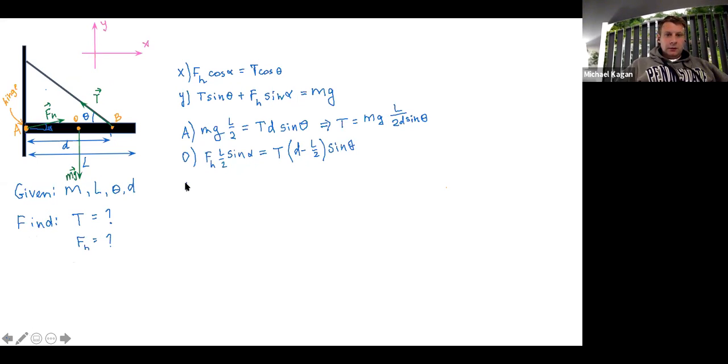So we need this equation, for example. That will give us F_H L sine theta, or will it not? It probably won't help. It's not independent.